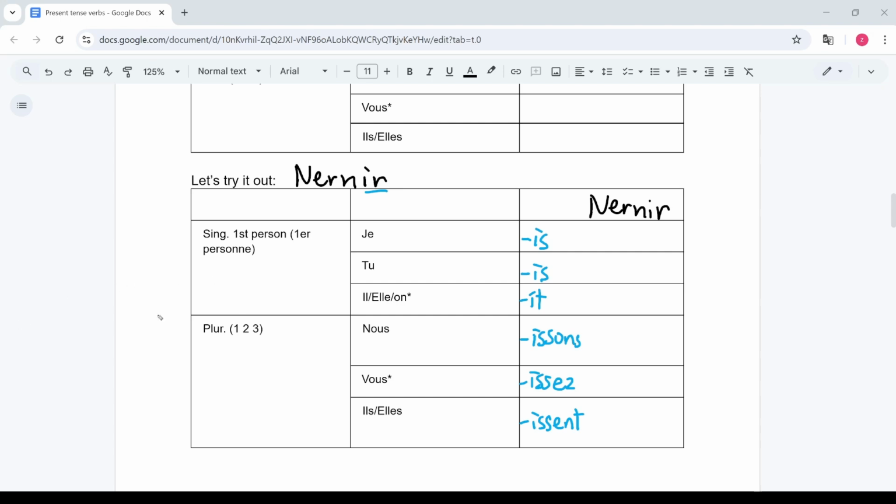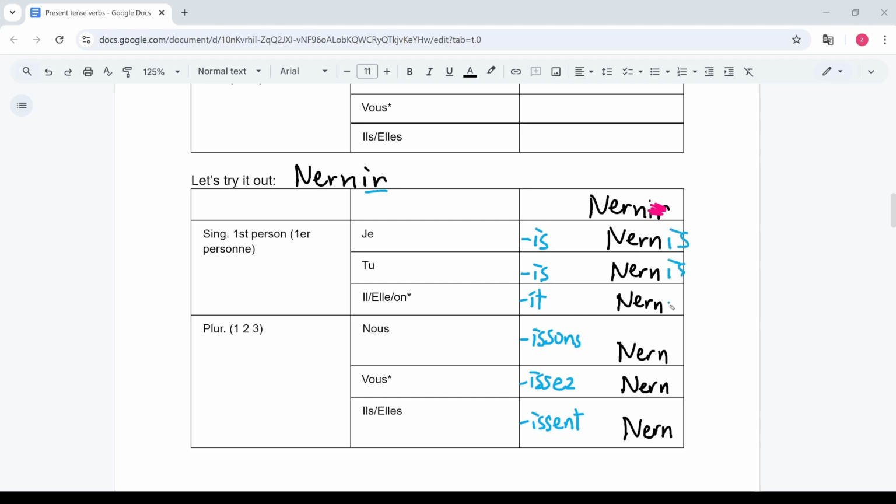We've correctly identified that this is an IR verb, and so we're going to take off our ending. And then we are going to add our new endings depending on the subject. So let's first write these in.